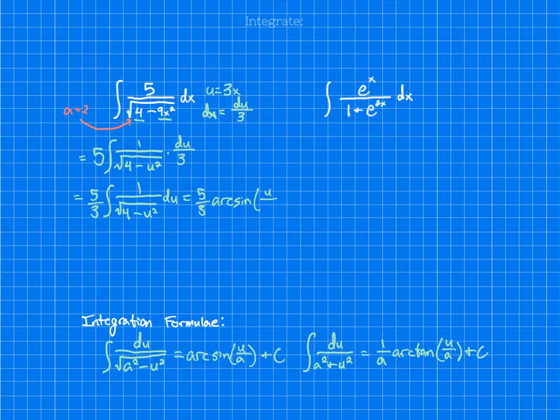Now a in this case was 2 because 2 squared is 4. So I'm going to put u over 2, plus c. And that, my friends, is simply 5/3 arcsine of 3x over 2 plus c.